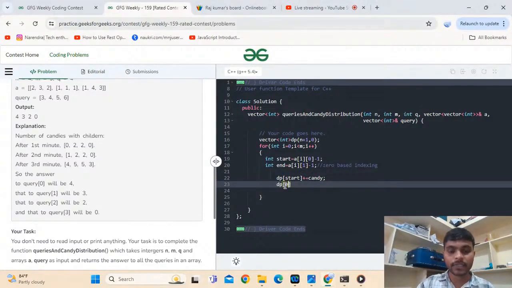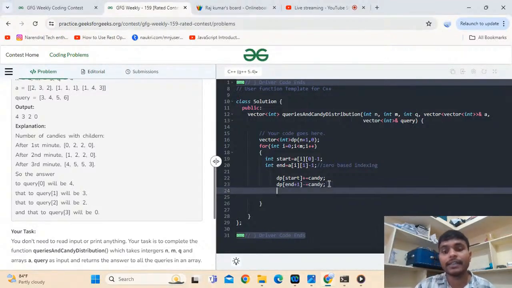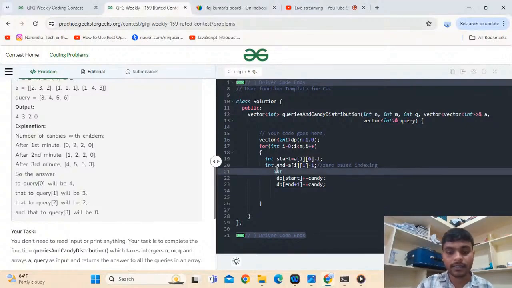Here you may get confused with this line, so I am doing that with candy. Here I am taking plus 1. Here I have to decrease at the last index. Okay, guys, this is our problem. Here candy is a 5 comma 2.